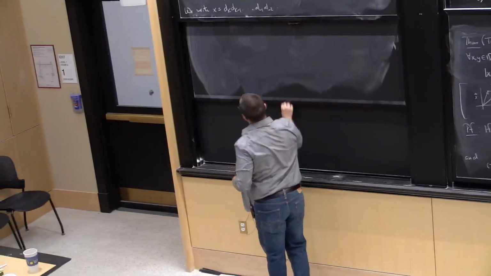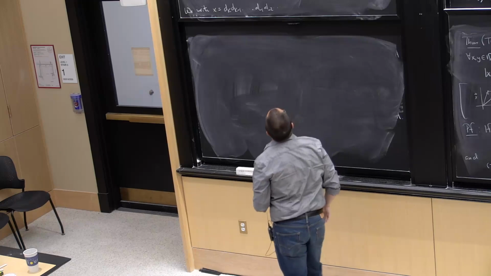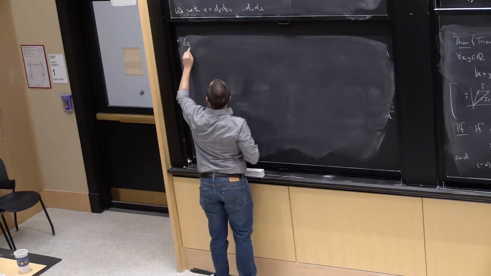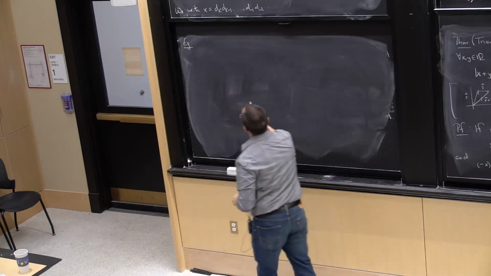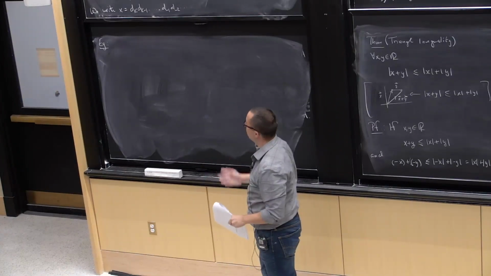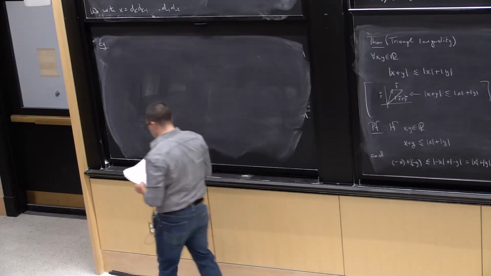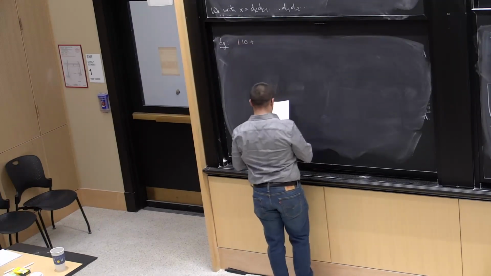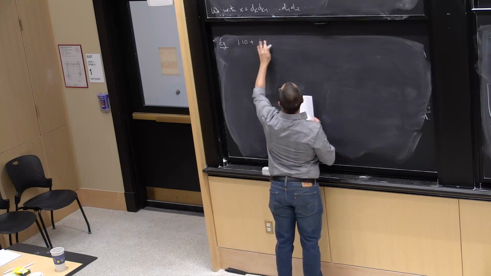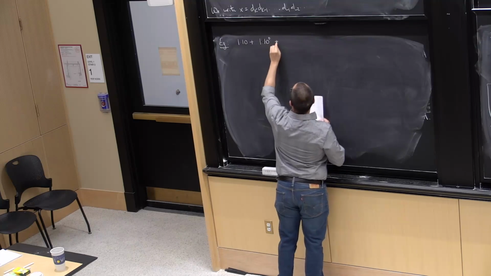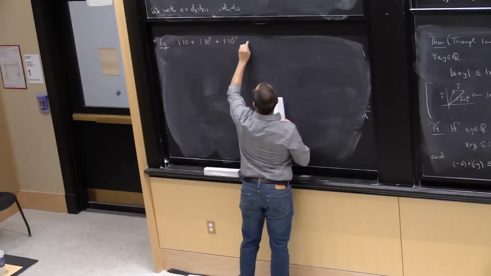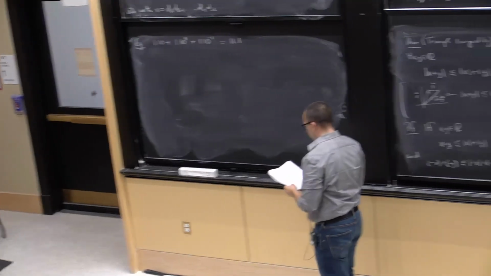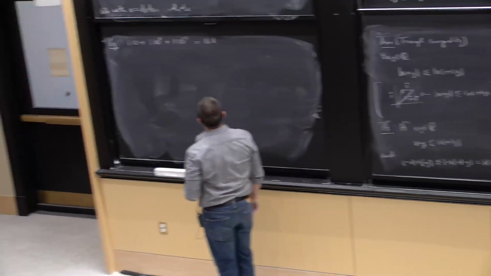I'm using this notation because this is the notation I need to state the theorem about the real numbers, but it's quite silly that I'm about to write this down in this setting. You know, welcome to MIT. So, for example, 1 times 10 plus 1 times 10 to the 0 plus 1 times 10 to the minus 1, right? This is supposed to represent the number 11.1. Okay?